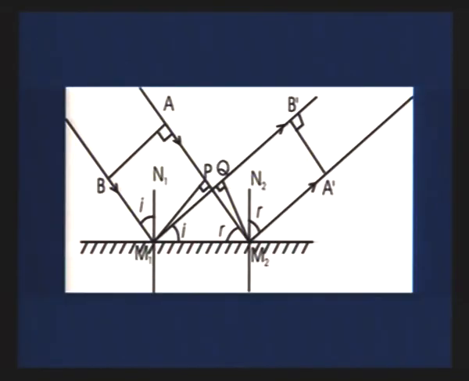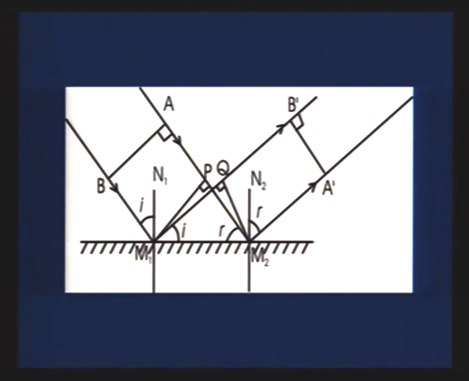Here you can see AB is the incident wave front and A dash B dash is the reflected wave front. Points P and Q are the points on the same wave front. Point P is on the incident wave front and Q is on the reflected wave front. Angle I is the angle of incidence and angle R is the angle of reflection, and N1 and N2 are the normals.